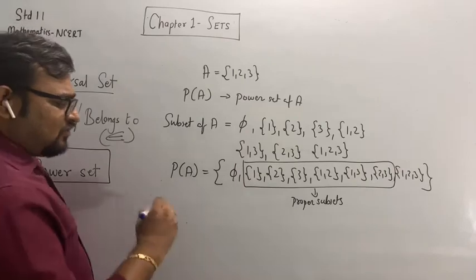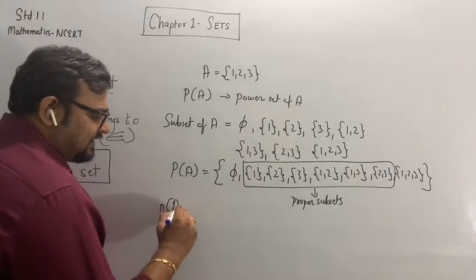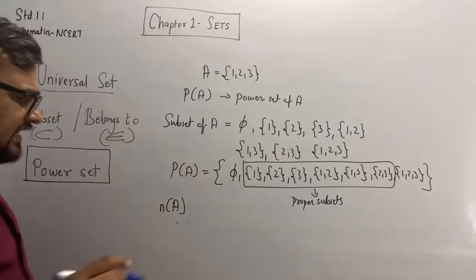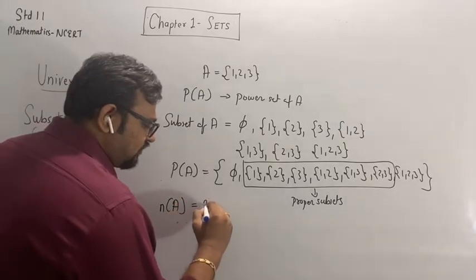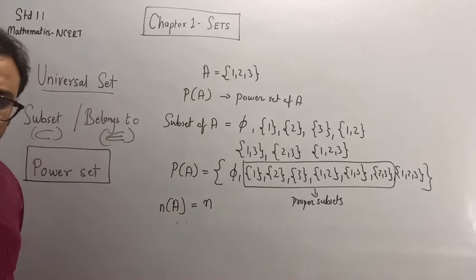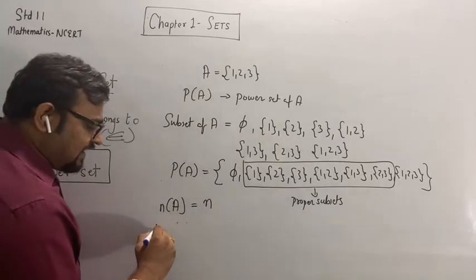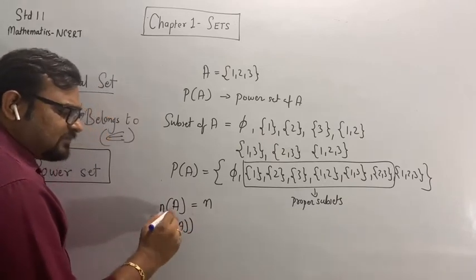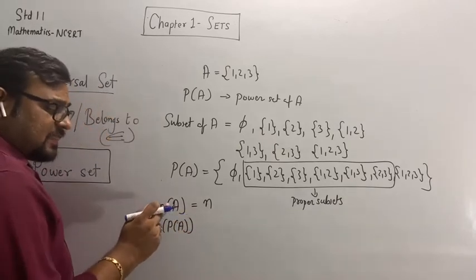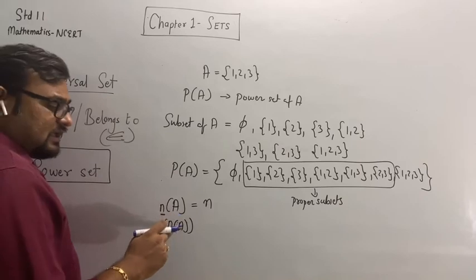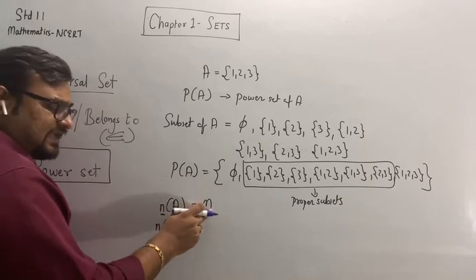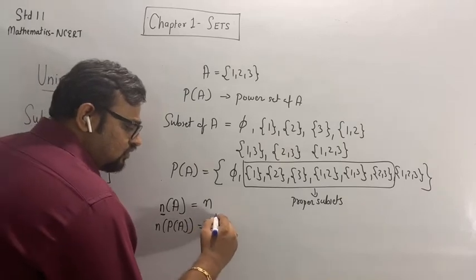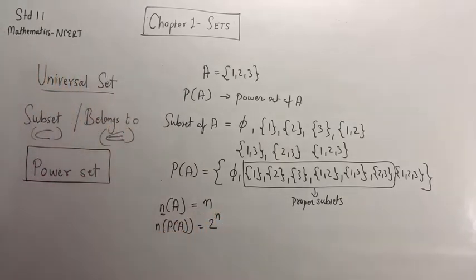Okay? So now if the number of elements in A is equal to n. Clear? The number of elements in the power set of A. So when I use this symbol in front of a set, this means number of elements. If the number of elements in a set is n, then the number of elements in its power set will be equal to 2 raised to n. Okay?